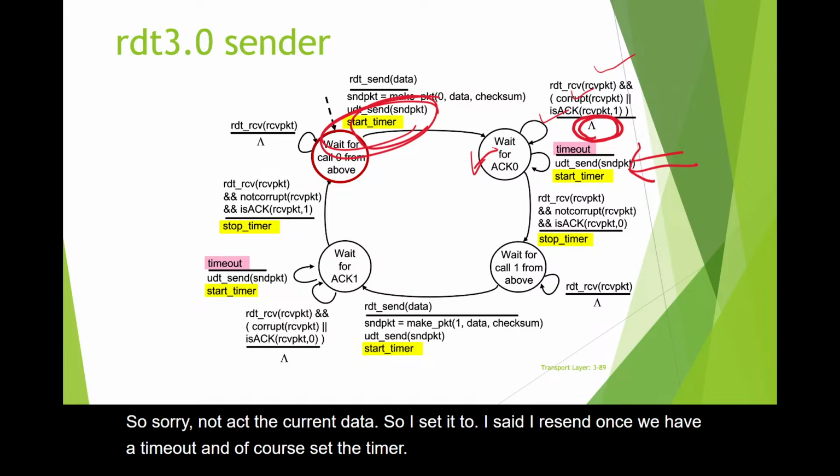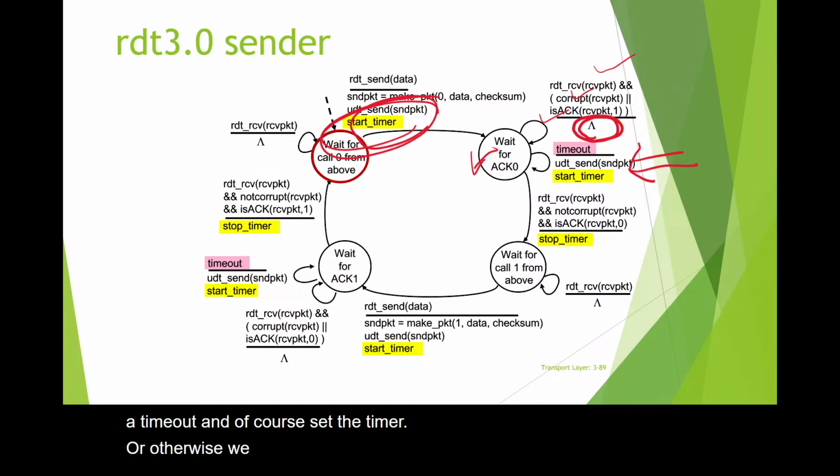Otherwise, if we receive a non-corrupted ACK that is the one we expect, which is 0, we can move to the new step.